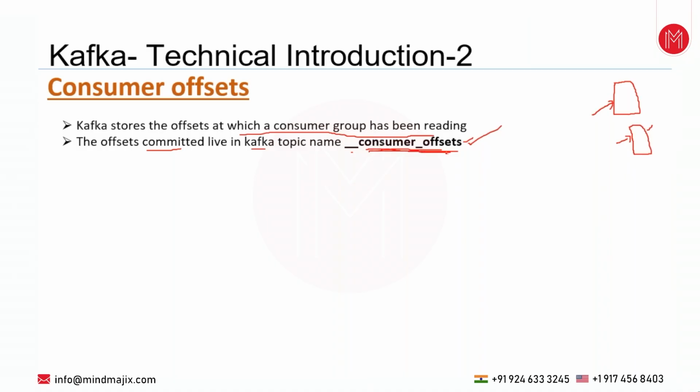So to give a straight answer to your question, whenever a consumer consumes messages by using a consumer group ID, this consumer offsets topic keeps track: this consumer group ID has already committed these many offsets in my partition. So this will be tracked by this topic in Kafka.